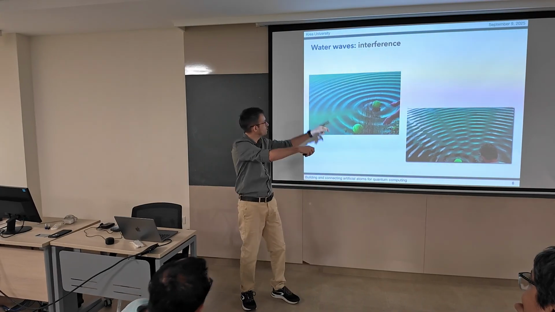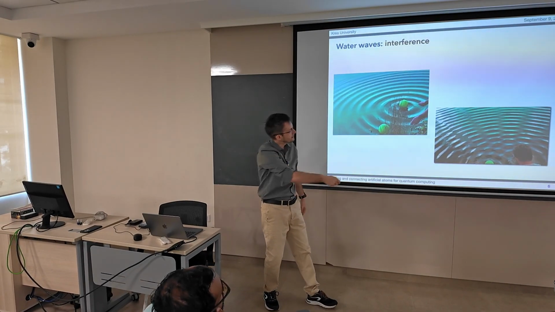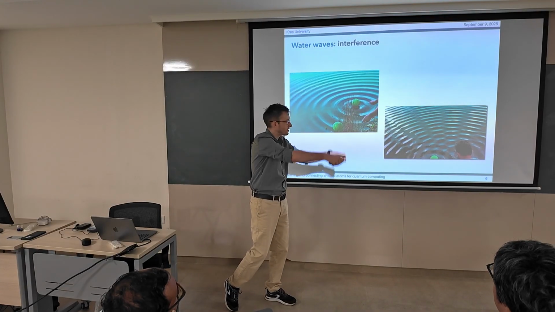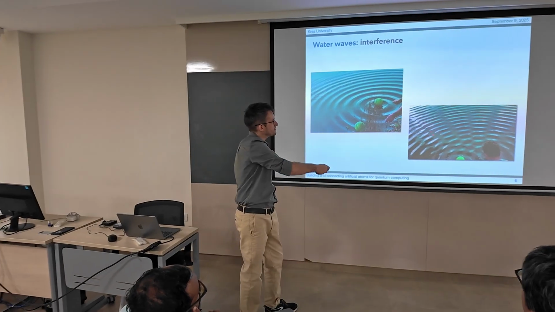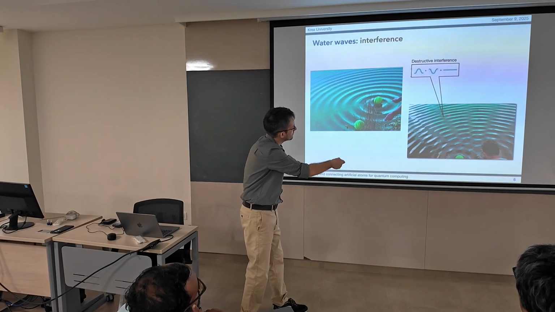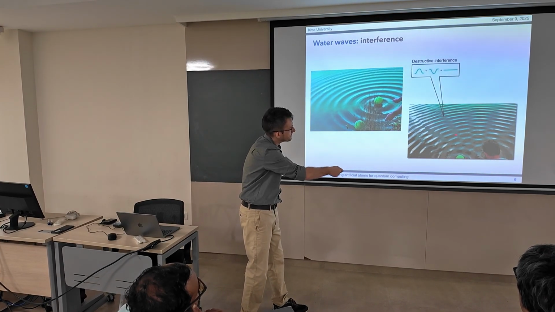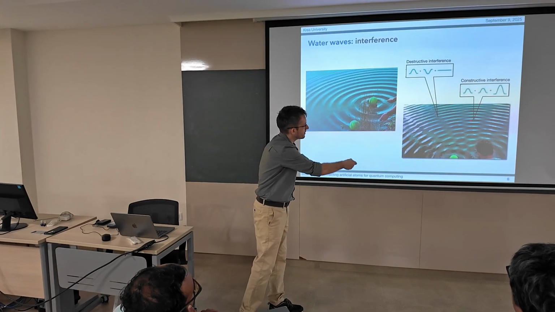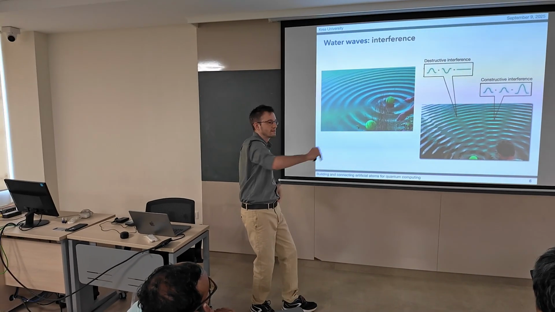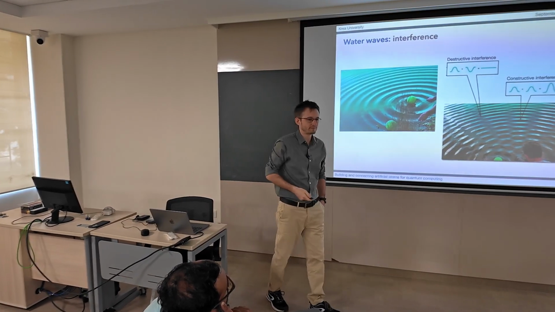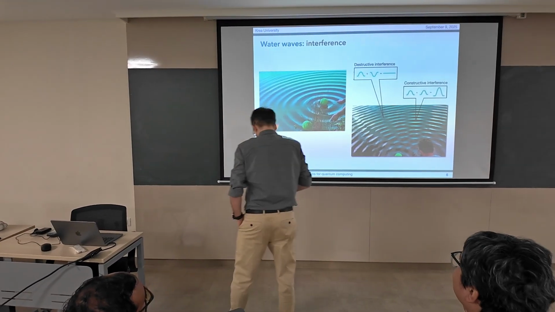You'll see an interesting pattern emerge. This is basically an interference pattern. Here there's a line of destructive interference where the waves cancel. It's flat. And here there's constructive interference, where you get higher amplitudes. So that's for water.